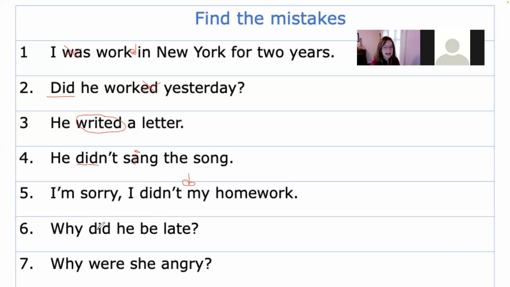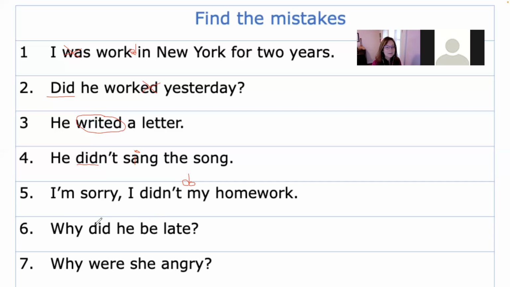Number 6, why did he be late? So on this one, they're kind of getting confused with the rules. Instead of the verb be, you could say, why did he arrive late? Why did he come late? Why did he show up late?